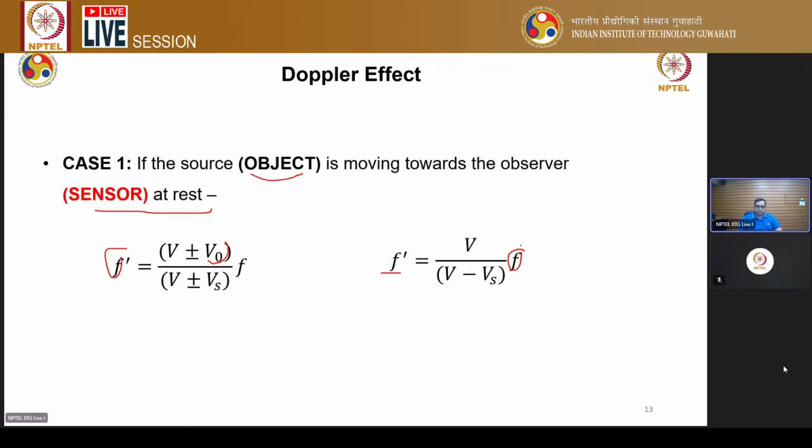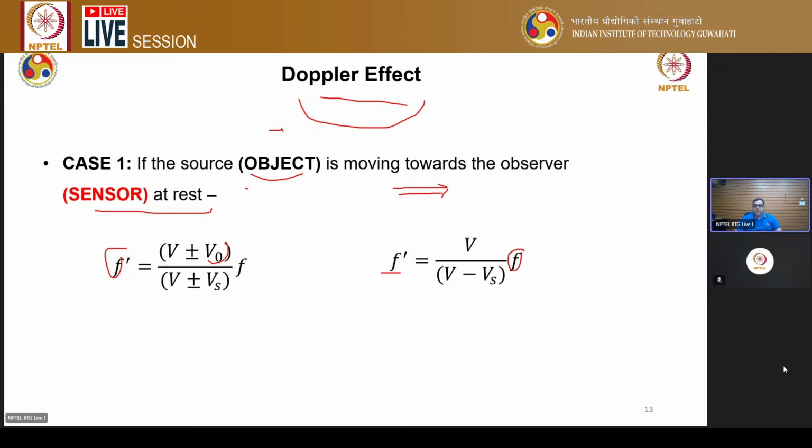Now, if you are not using the Doppler effect, if the source is moving towards you, it will be really difficult to quantify that, because you are using it for motion detection.